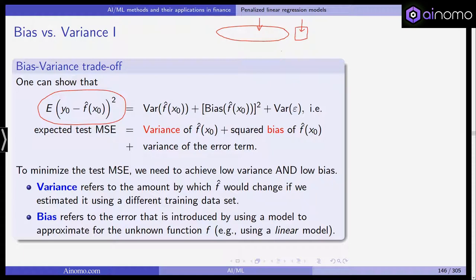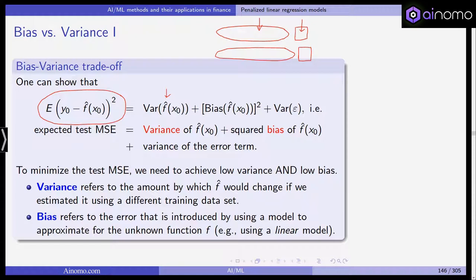But what would happen if we had a different training data set and the same or a different test observation? Would we still get the same error? The variance here refers to the fact that if we use different data samples for training our model, we probably will get a different estimate for the response at x0, so we get a different mean squared error.